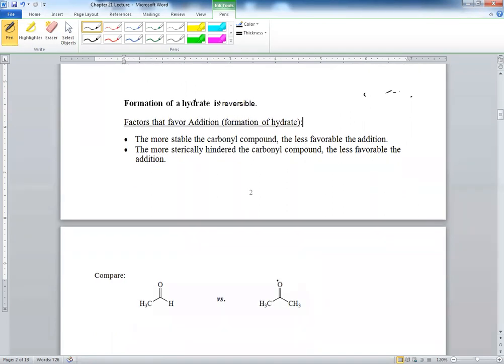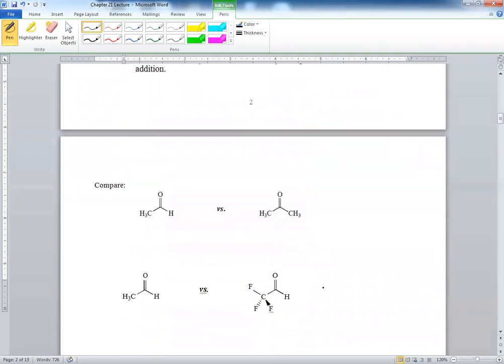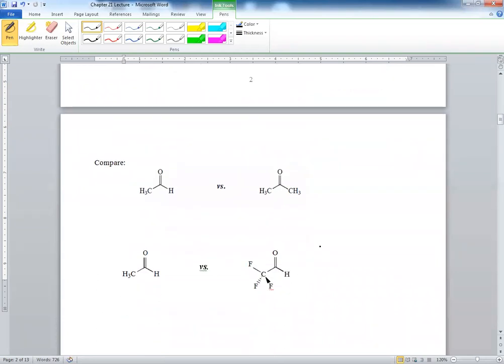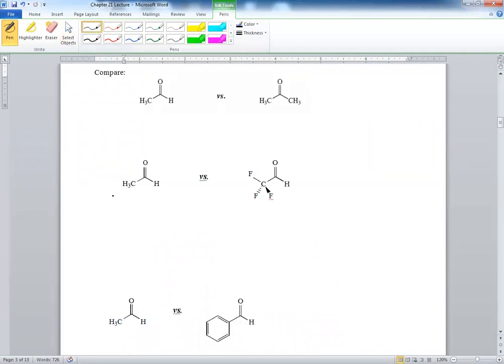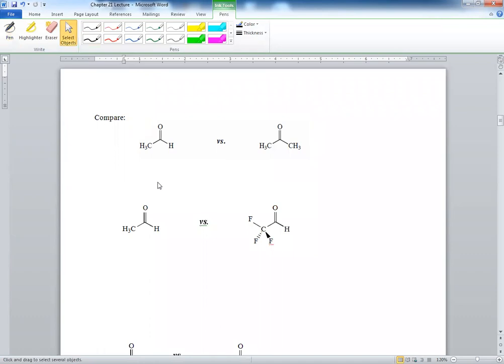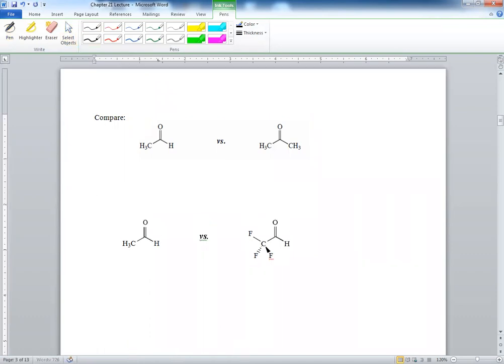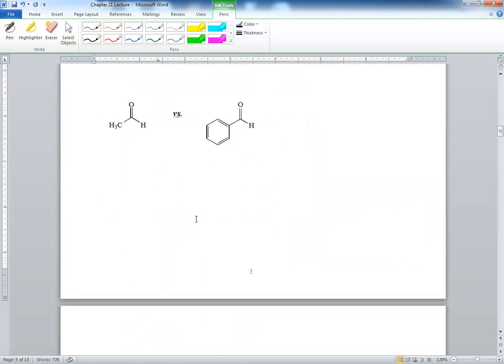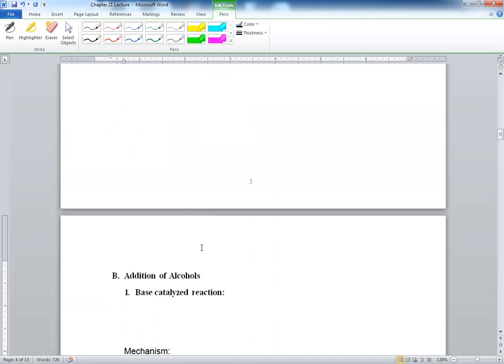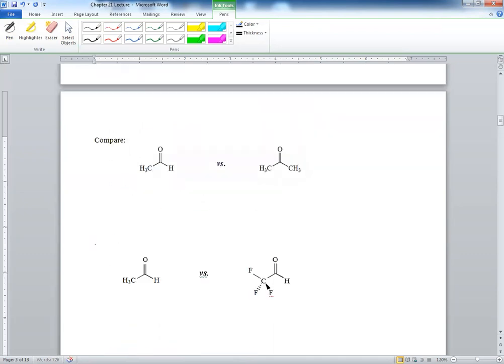So let's look at some of these. You will see in here that some will favor the hydrate more so than the others. So let's start with the first one. We have a comparison between an aldehyde and a ketone.